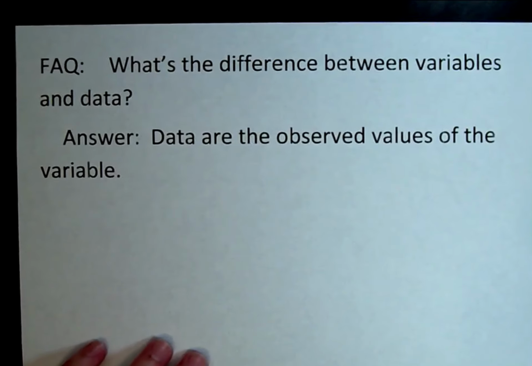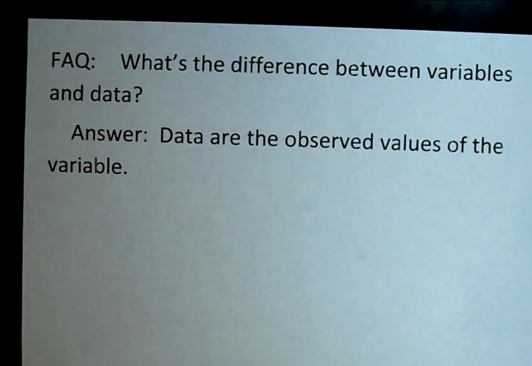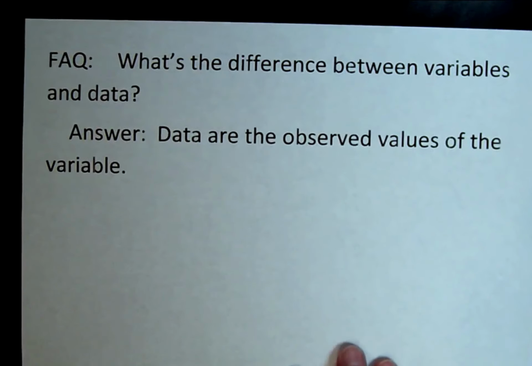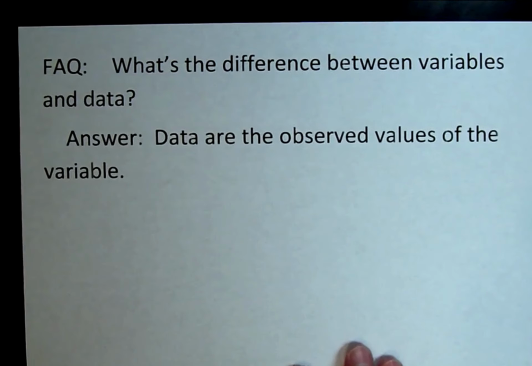Okay, quick frequently asked question here. I've been talking about data and variables being qualitative, quantitative, continuous, discrete. It's easy to lose track of the difference between variables and data. So what is the difference between variables and data?